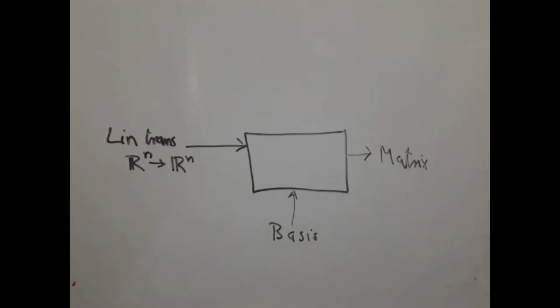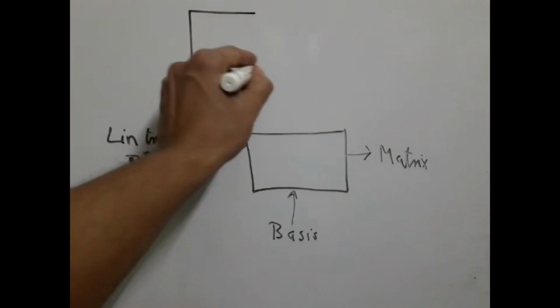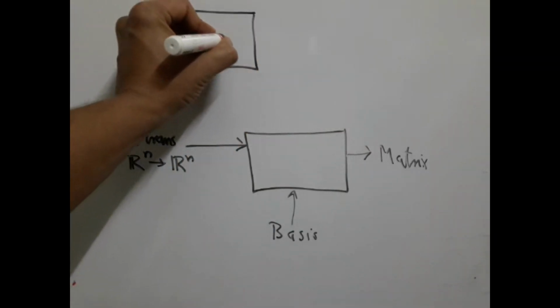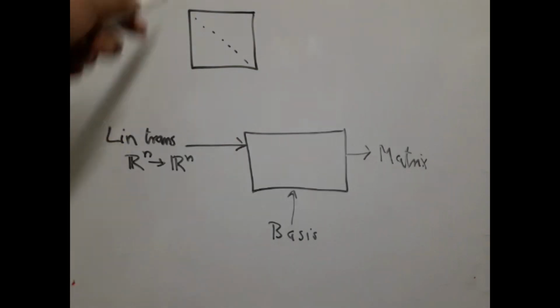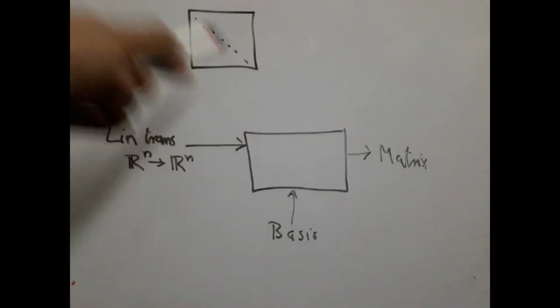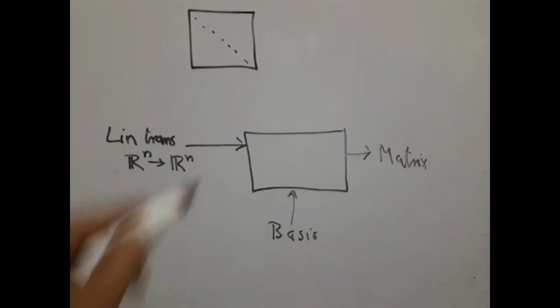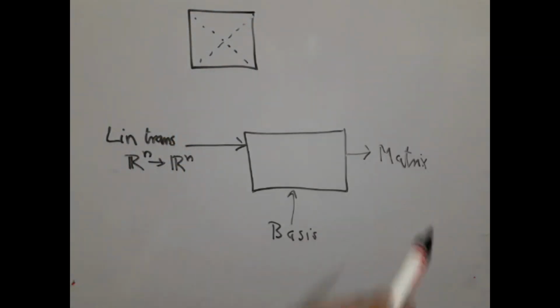I have already mentioned that if I am given a square matrix, then the trace, namely the sum of these diagonal entries, is one such property. Change the basis, the matrix changes, but still this diagonal sum will not change. The diagonal entries will change, but the sums will not change. However, if I add these entries, in that case, change the basis, the matrix changes, and so may the sum.